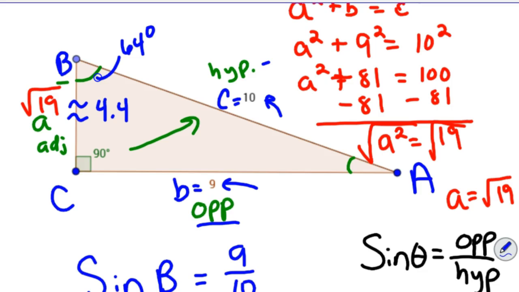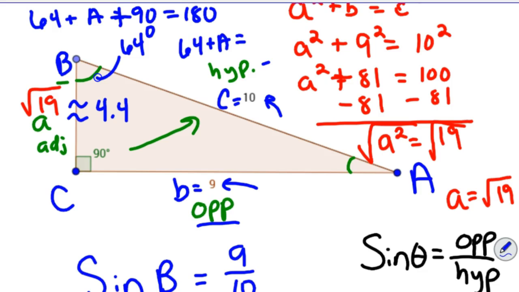So now, the angles of a triangle add up to 180. So 64 plus angle A plus 90 equals 180 degrees. If you subtract 90 from 180, 64 plus angle A is equal to 90 degrees. So A is simply 90 minus 64 degrees.